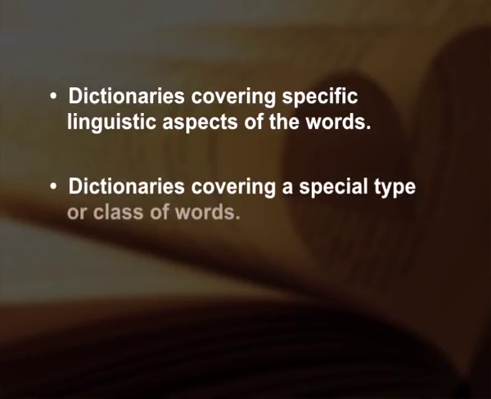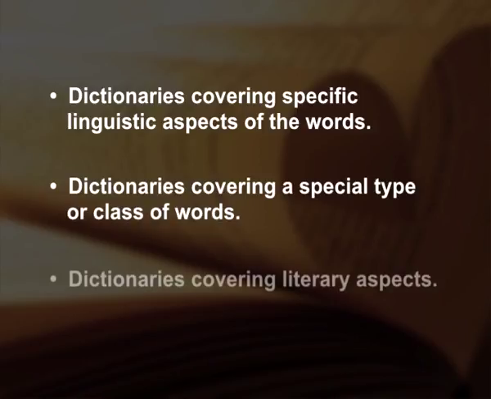Dictionaries covering a special type or class of words, that is, slang, dialect words, obsolete words, new words, names, surnames, nicknames, crossword puzzles, anagrams, abbreviations, acronyms, signs and symbols. Dictionaries covering literary aspects, that is, quotations, proverbs, foreign terms, phrases, idioms, rhyming words, cliches and concordances.